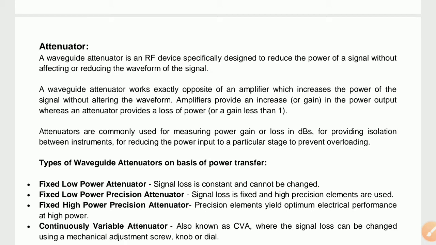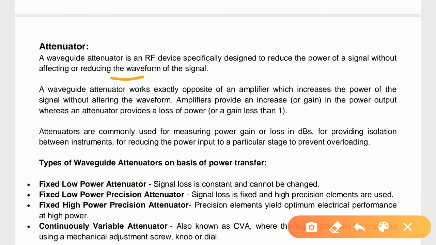That means it just reduces the power, which is measured in watts, and attenuation is measured in decibels. So there will be no distortion or change in the waveform of the microwave, it just reduces the power of the signal.